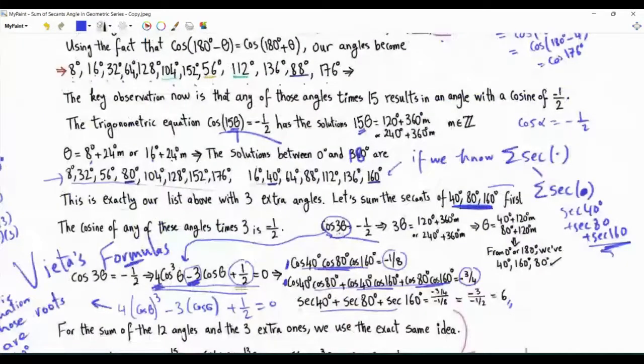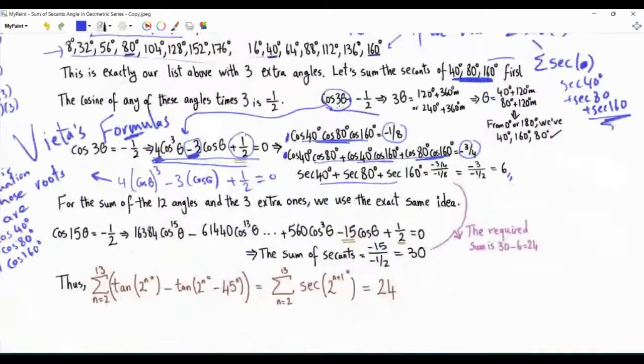What are those 15 angles? Those are angles satisfying the trigonometric equation that cosine 15 theta is equal to minus 1/2. And so those are angles in this form.